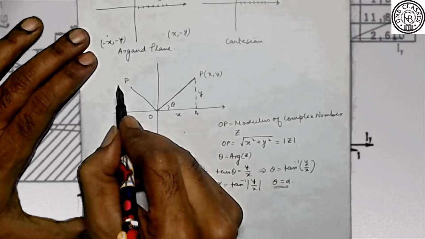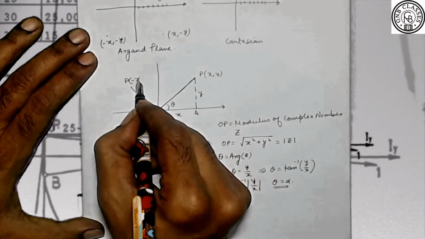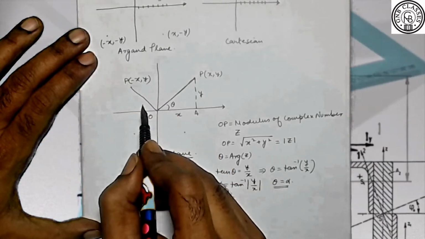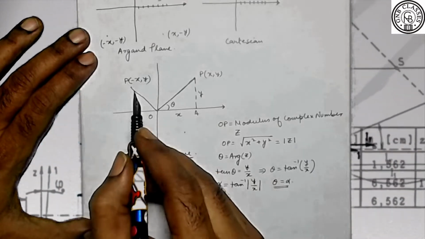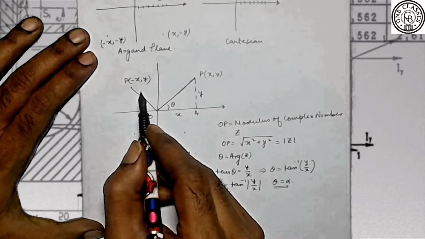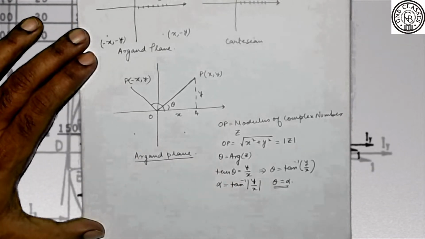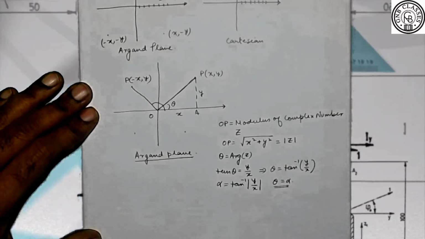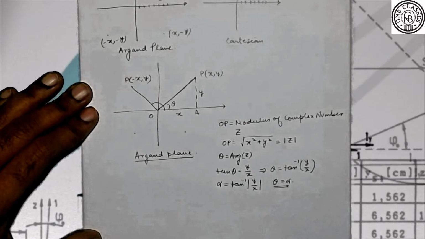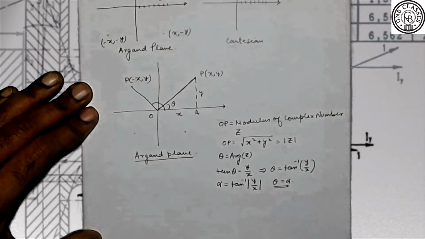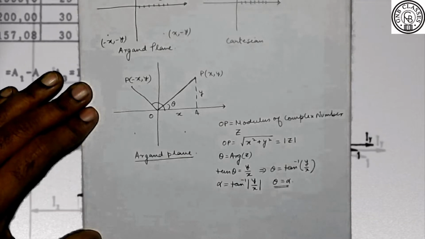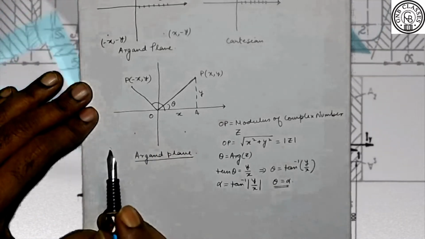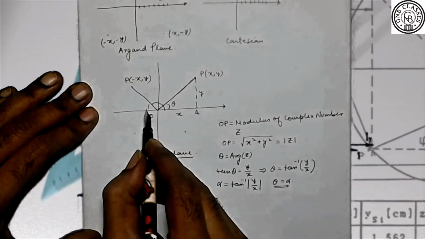Now, suppose the point is in the second quadrant. In that case, the coordinate will be minus x comma y. So the argument of this point associated with the complex number Z is this angle. As I told you, the argument of any point associated with a complex number is the angle the modulus of that complex number makes with the positive direction of the x-axis. Is it clear? So to find the argument of the point in the second quadrant, we have to find this angle.